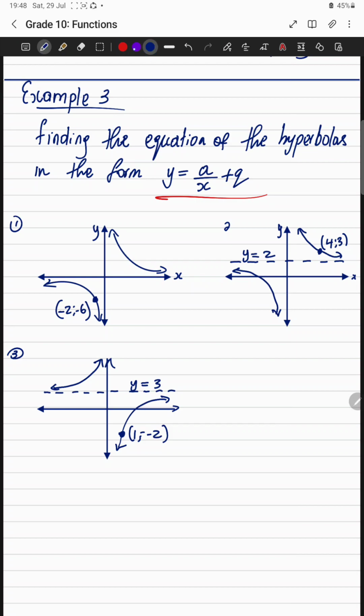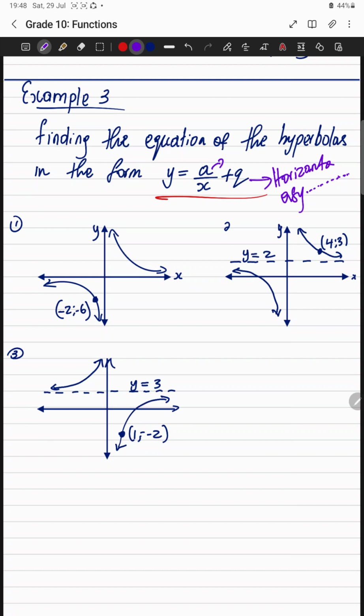Let me just highlight a few things quickly. q represents the horizontal asymptote, which is the horizontal dotted line. It's going to be just one line. And then we're going to solve for a, and I will show you.